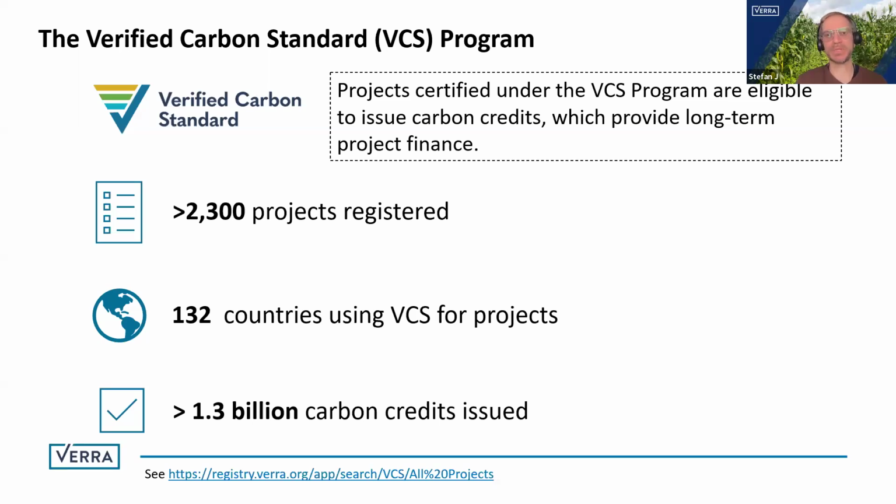So that's a large number, but in terms of what the atmosphere needs to really reduce climate change and mitigate emissions, we need a lot more action. And so we're excited that VT14 is now part of the arsenal of options that project developers can use to achieve even greater climate ambition. Next slide.